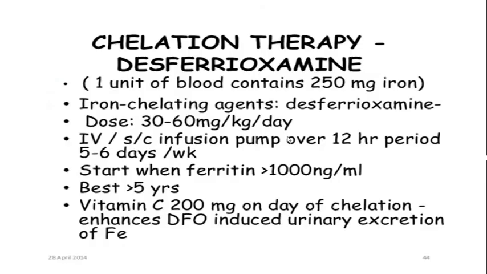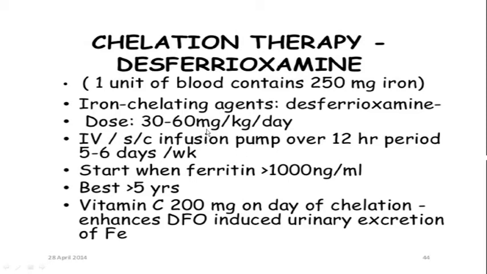Usually, 1 unit of blood is approximately equal to 250 milligram of iron. The chelation therapy is in the form of desferrioxamine, which is an iron chelating agent, given as a subcutaneous pump over a period of 12 hours, 5 to 8 days a week.